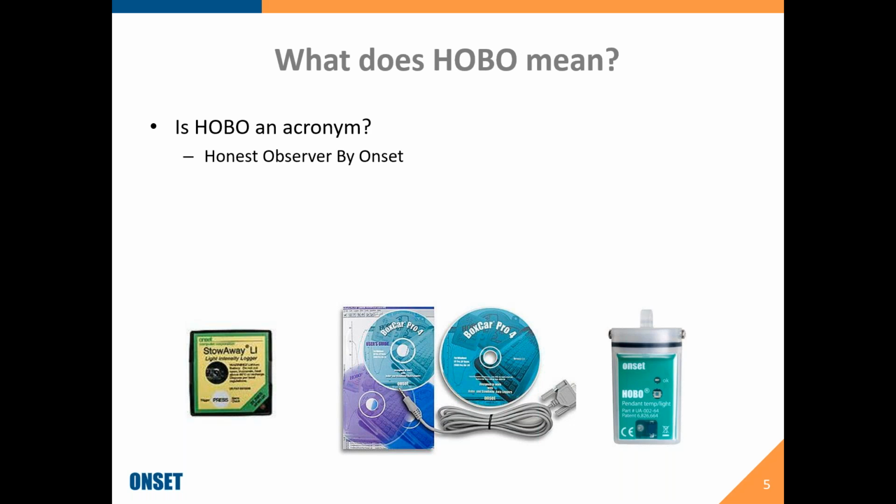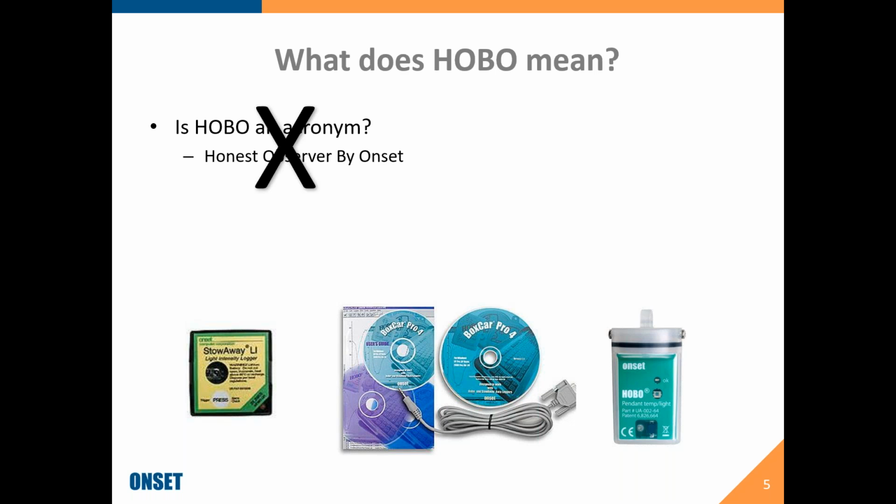So the infamous question, what does HOBO mean? Now, customers constantly ask us, is it an acronym? We've heard some really interesting acronyms over time. My favorite one is Honest Observer by Onset. But unfortunately, I'm here to tell you that's not true. It is actually not an acronym.